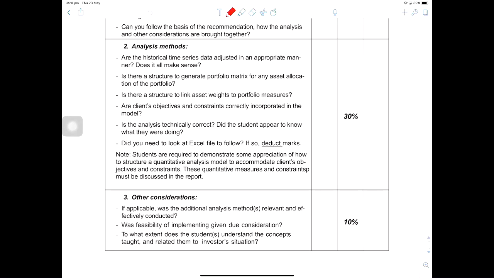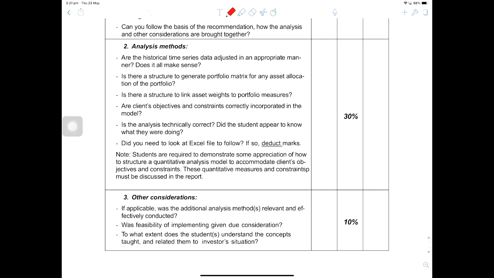Like if you mention that in your report, you try to minimize the portfolio standard deviation, probably you won't get 50% in this analysis method. It's a substantial, significant error. So that's what tutors are going to assess in the analysis method.